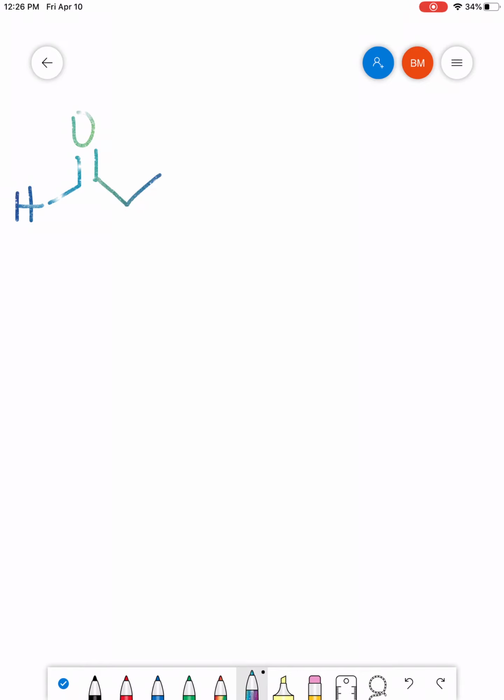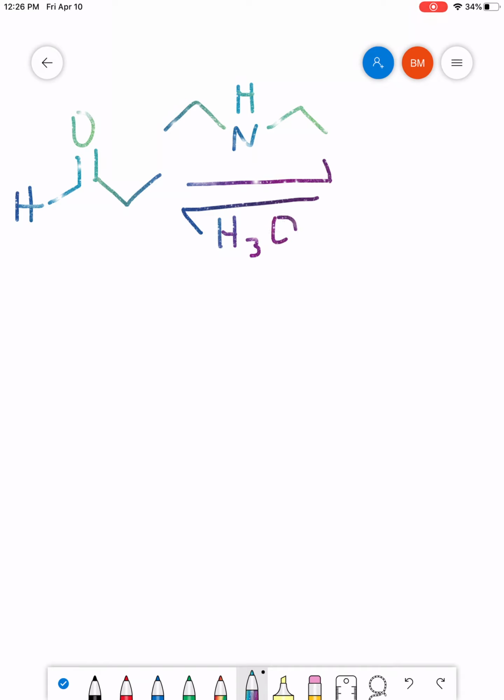Shh. Okay, so there's an aldehyde. And let's see, we're going to use this secondary amine. And with H3O+. Okay? So the mechanism, like I said, in large part is going to be very, very similar to what you saw with reaction with primary amines, right?